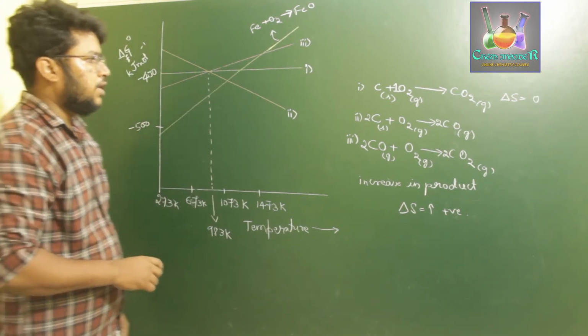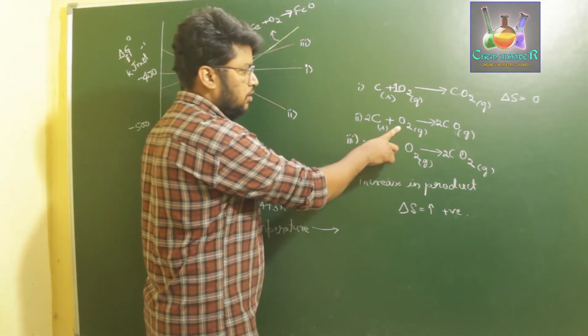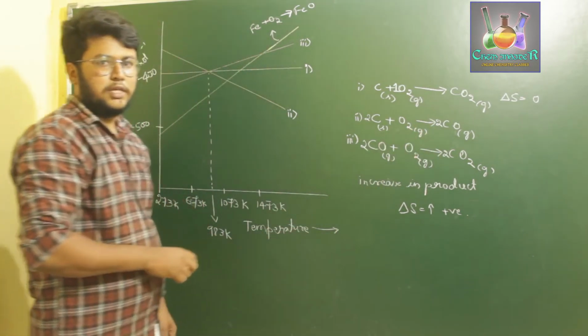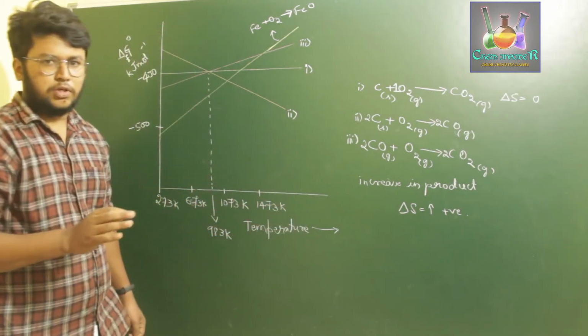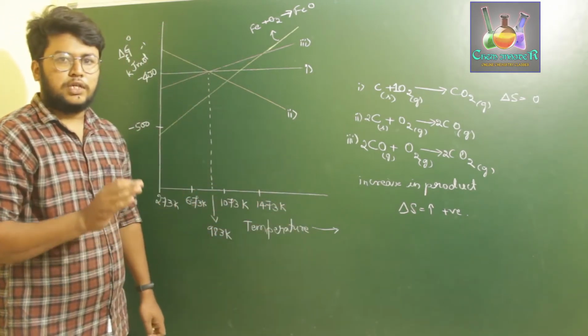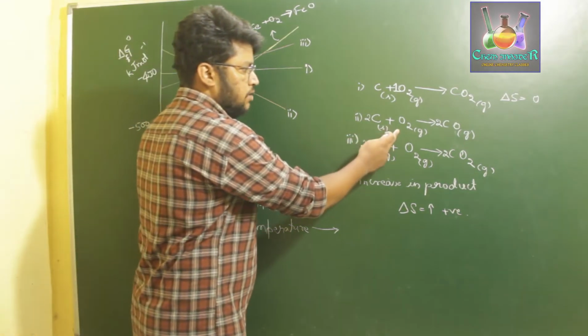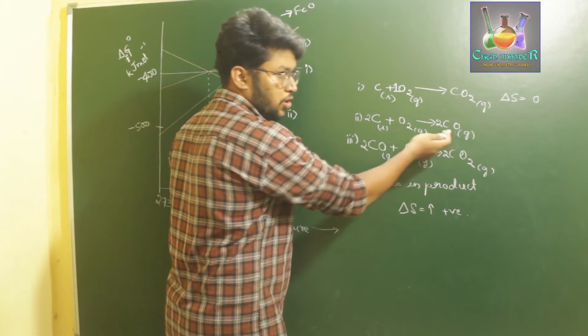Now for the second one, 1 molecule of oxygen is consumed to form 2 molecules of carbon monoxide gas. Ignore carbon being a solid; we are not considering solids, only the gaseous molecules being consumed. So here 1 molecule of oxygen gas is consumed to form 2 molecules of carbon monoxide.